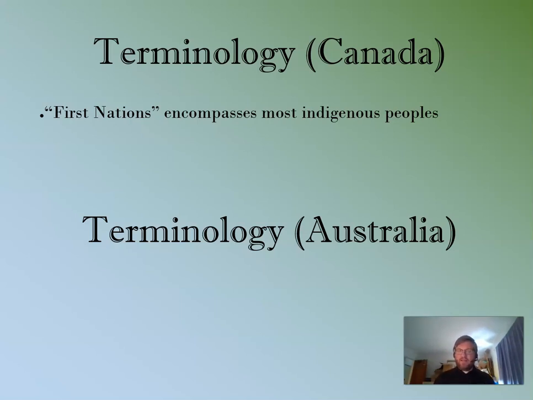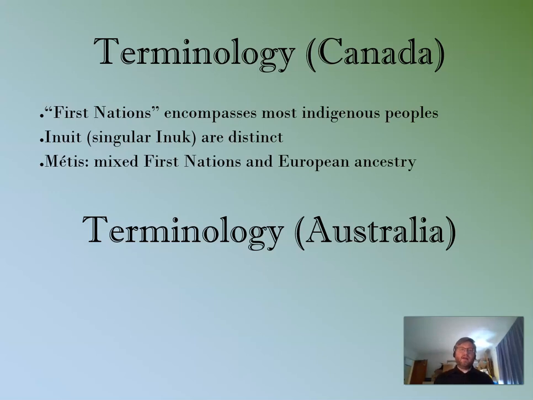So it's kind of parallel to the term Native American that's more common in the United States. But that does not cover all of the Indigenous people of Canada. The Inuit people who live in the farthest northern part of Canada are considered culturally distinct, so First Nations wouldn't encompass Inuit. They're kind of a separate group there.